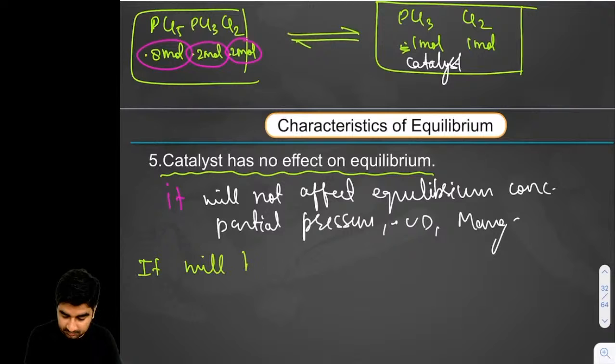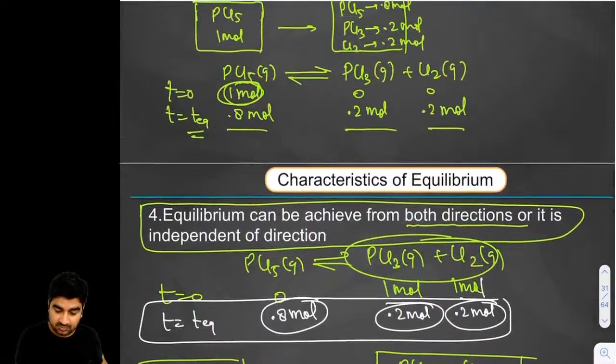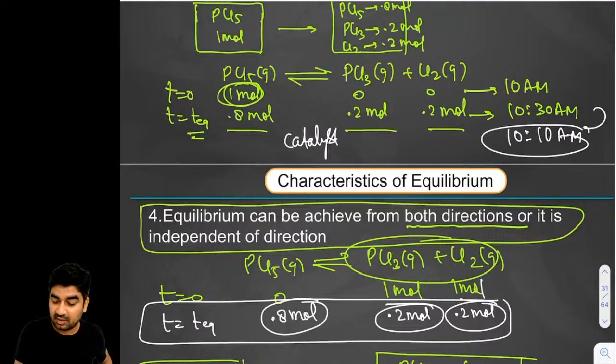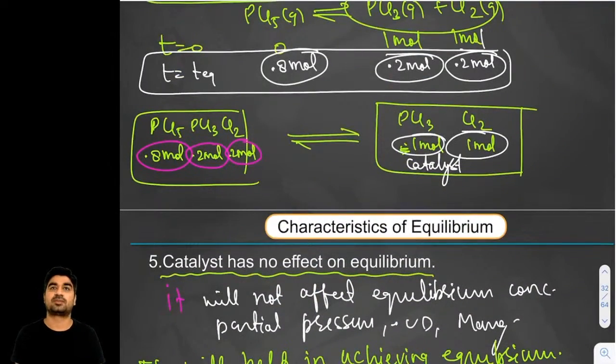Initially, suppose you perform this experiment at 10 a.m. and equilibrium was achieved at 10:30 a.m. But if you use the catalyst here, then you can achieve equilibrium at 10:10 a.m. So the catalyst will help you in achieving equilibrium quickly, but it will not change the concentration of reactants or products.